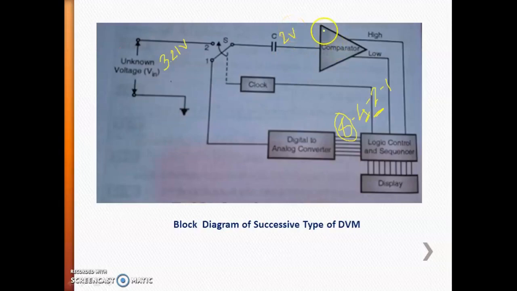So in this case the comparator will generate a low signal. Because of this low signal, the logic control and sequencer will retain, that means it stores the previously generated code, that is 2.